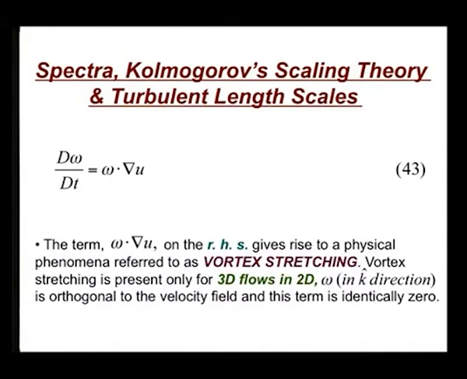What happens is that this is only present in 3D flows. In 2D flows, omega and the grad operator are in quadrature, so they would not have any problem.